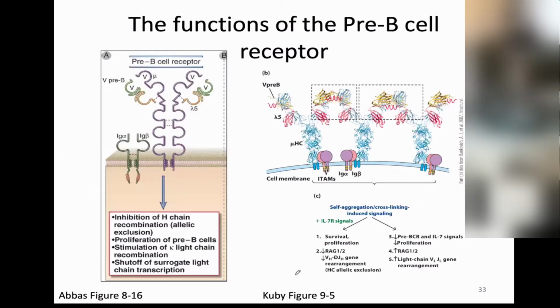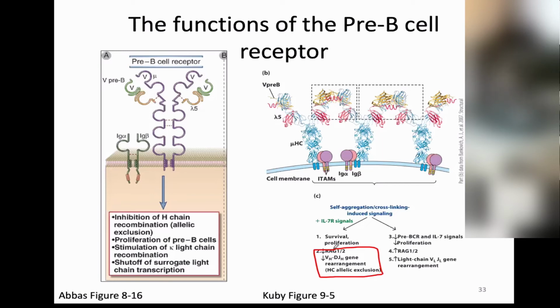And so when we actually get a proper signal through the pre-B cell receptor, we turn off RAG1 and RAG2, and this allows us to do allelic exclusion. And so this turns off further heavy chain rearrangement. You can imagine that there is a bit of a race here. Both mom and dad's chromosomes are trying to do heavy chain rearrangement.